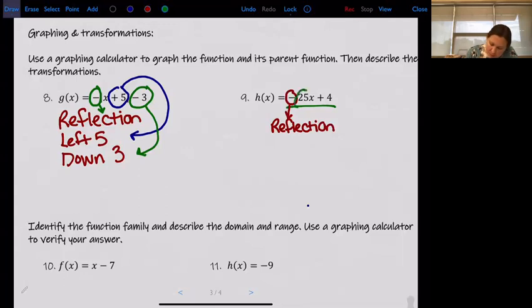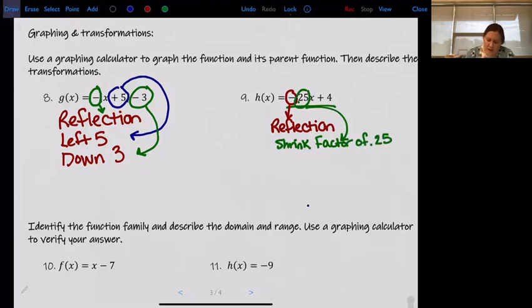And in this case, 0.25, it is a shrink because it is less than 1, and it got closer to the x-axis. If you look at the graph, it flattens out. If it's stretching higher to the sky, remember that's a stretch, and this one's flattening out, getting lower. If you call the x-axis the ground, it is a shrink. So this is a vertical shrink with a factor of 0.25.